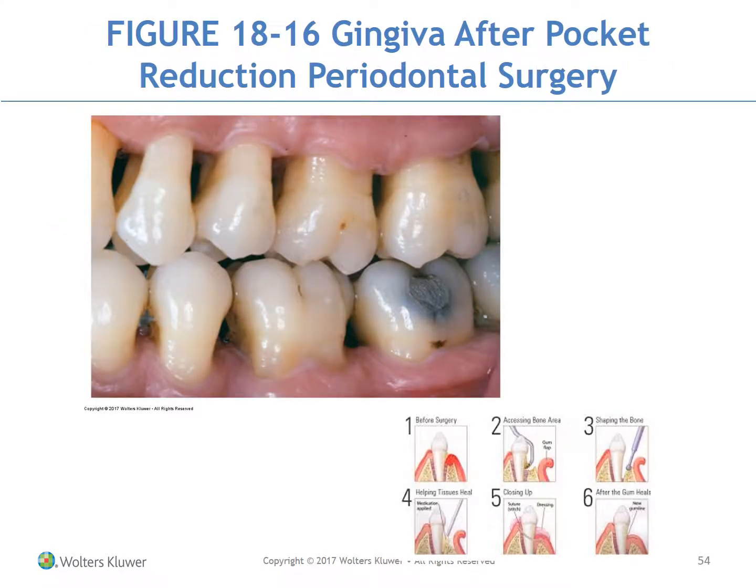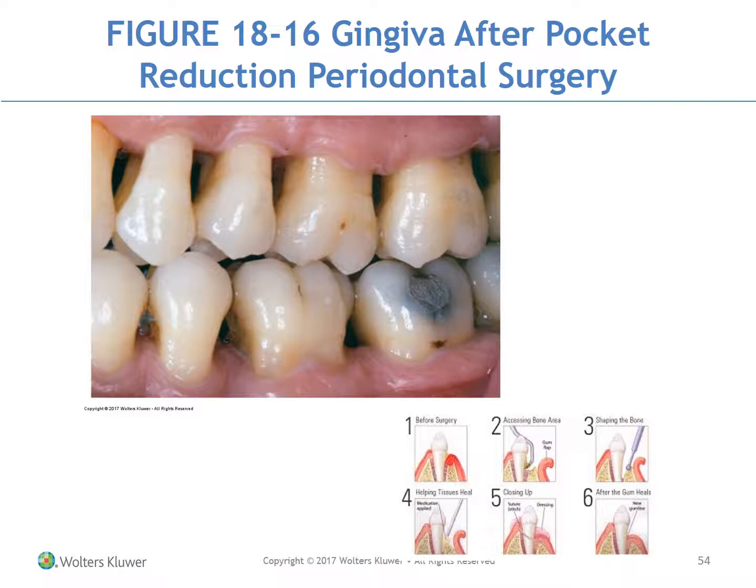All right, so here's an example after pocket reduction surgery. You can see this looks really nice and healthy. The patient has obviously been taking very good care of it. But you can imagine the difficulty in cleaning these, because as you get further down, you're going to have more of those concavities and convexities to work around. But it is possible to clean it.